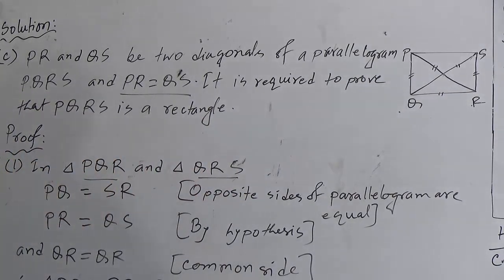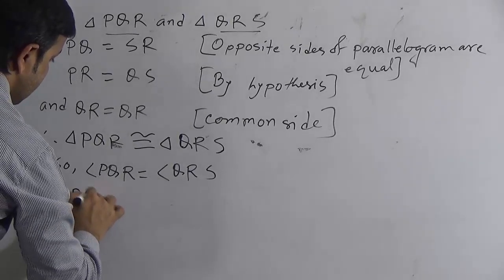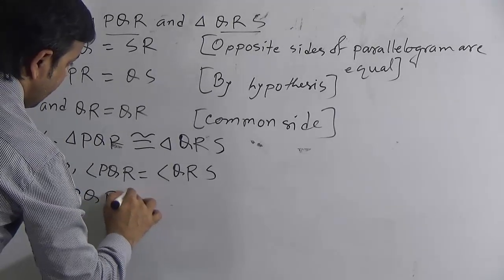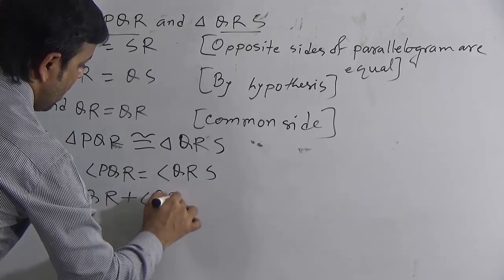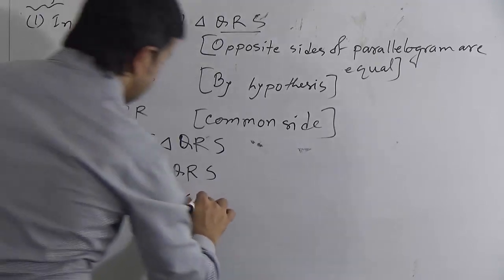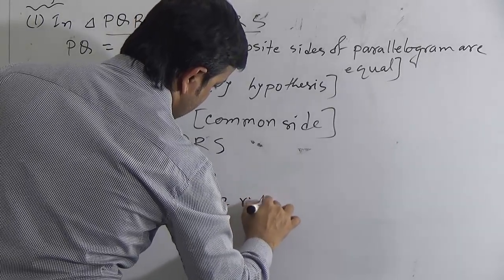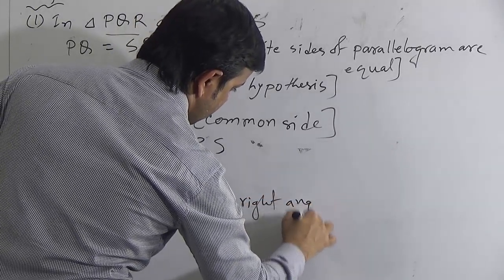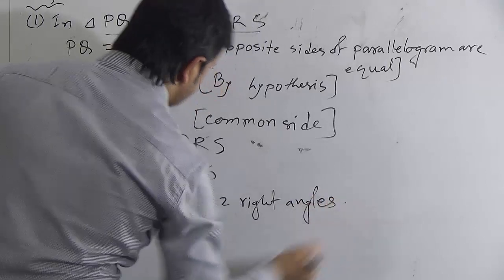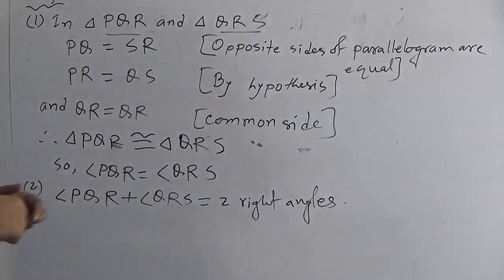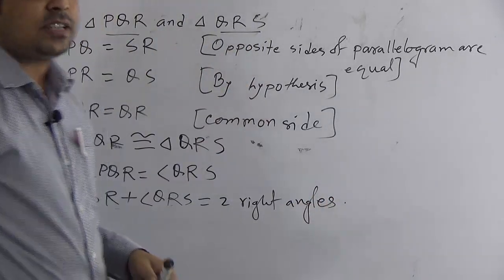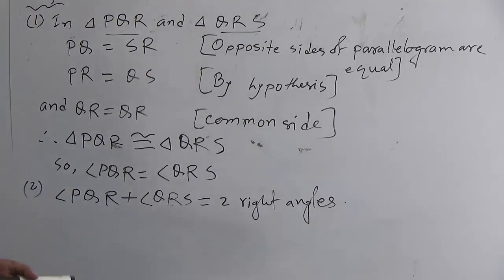So we can write here again step 2, angle PQR plus angle QRS is equal to two right angles. Two right angles means 180 degrees, as these are two adjacent angles of a parallelogram.